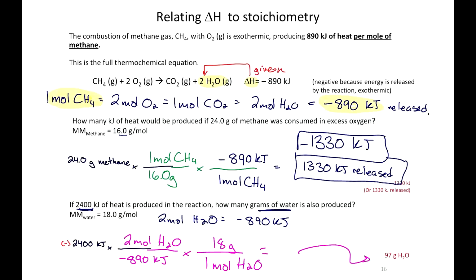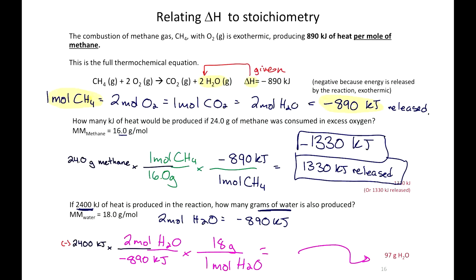And so we get that when this reaction releases 2,400 kilojoules of energy, remember that negative sign is implied because I say released. We use the relationship between delta H and moles of water to get to grams of water, and see that about 97 grams of water will have been produced in this reaction if that amount of energy is released.